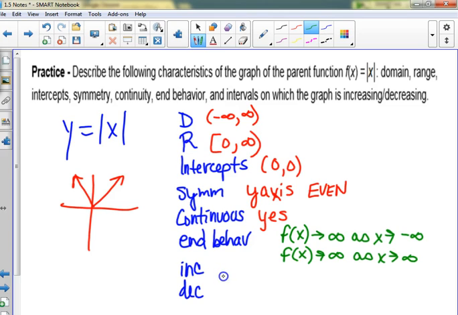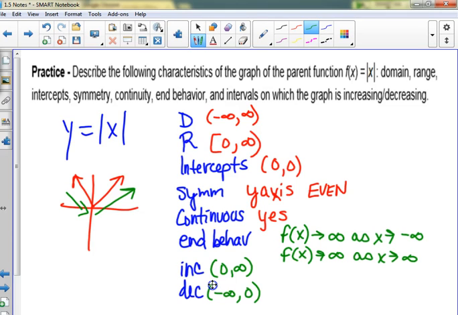All right, do you remember increasing, decreasing? It's x intervals. Increasing would be where the function is going up. So what do we want to say for x values? The right side is increasing, so 0 to infinity. That's a really big comma. Okay. And decreasing, x intervals from negative infinity to 0.